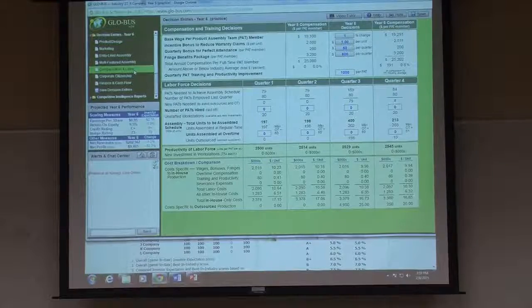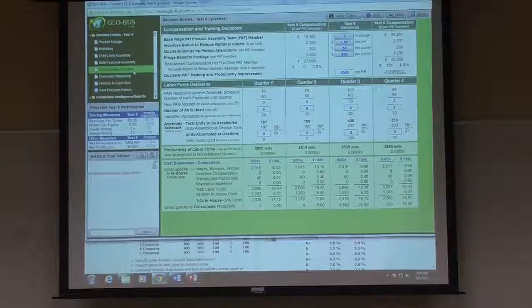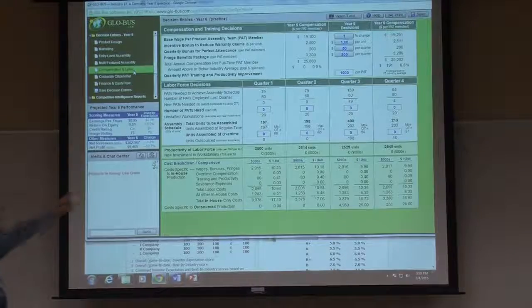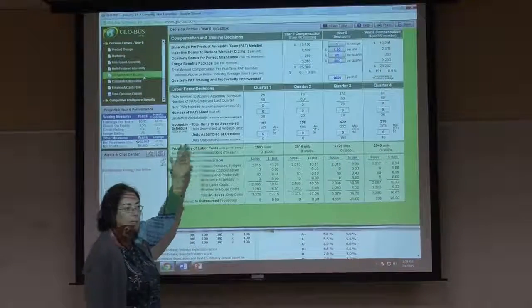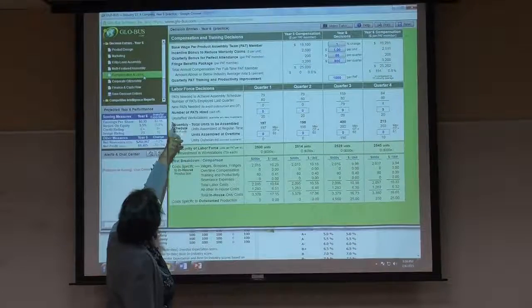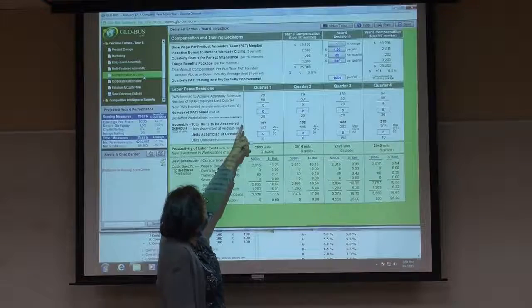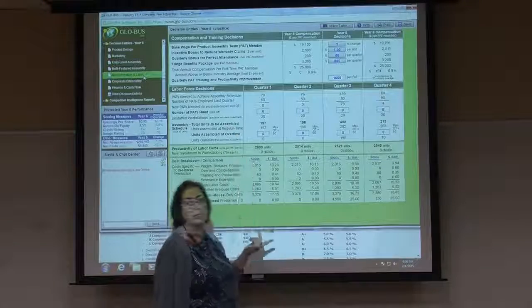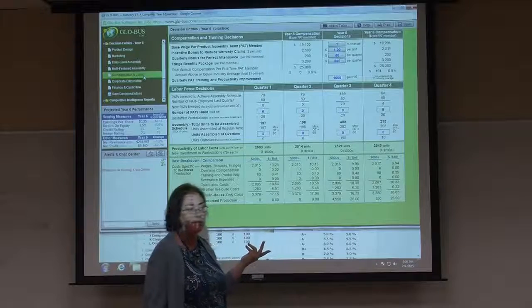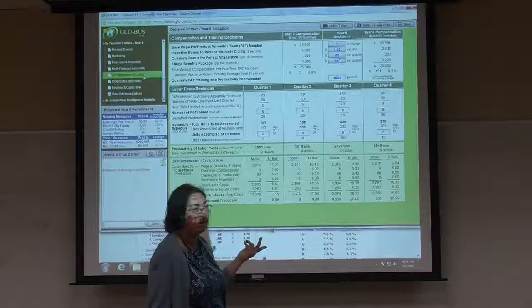So you can see, for example, along this line, it says PAT, production teams. Needed to achieve assembly schedule, it says 79, and there's 80 people employed. So one of the decisions they would have to make is whether to fire the team that's not got anything to do.